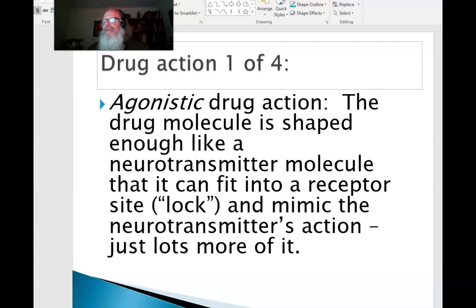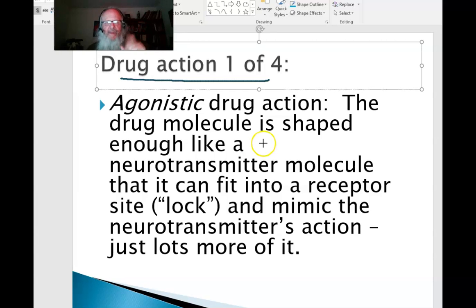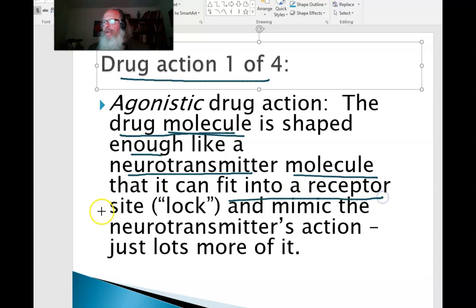But what we've been outlining, mostly what we've been focusing on, is that for a lot of drugs of recreation and abuse, they do the things they do to us because the drug molecule is shaped enough like a naturally produced, endogenously produced neurotransmitter molecule that it fits into a receptor site. The receptor sites are the locks.